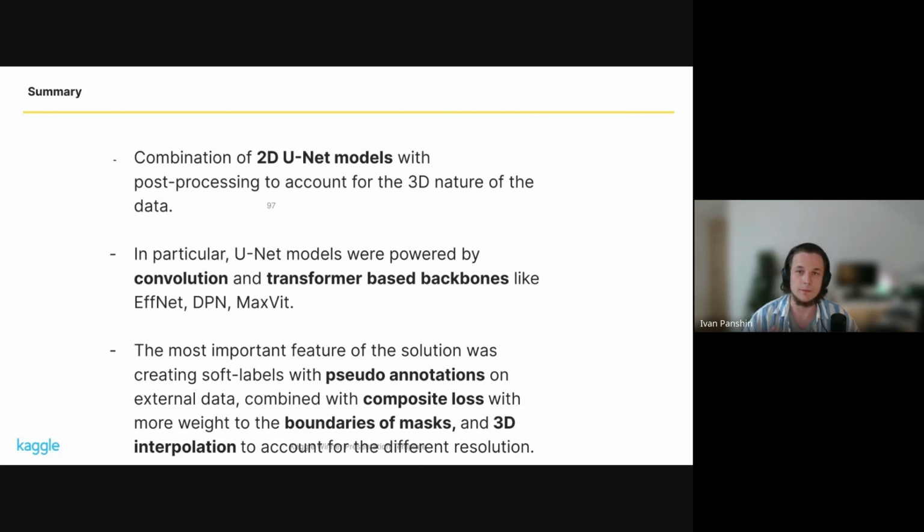Also, it's not mentioned here, but I trained this model on different crops from different planes based on the data provided by the host. So essentially, we have 3 planes. We have XY, XZ, YZ. And during training, I sample random crops, usually of 512 by 512 pixels.